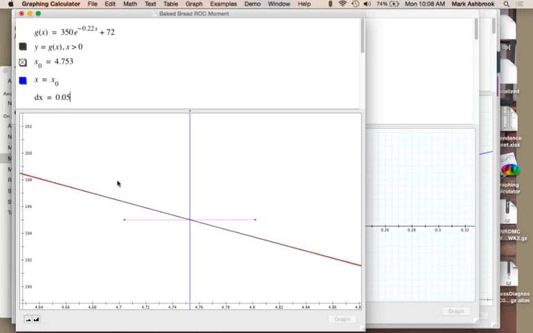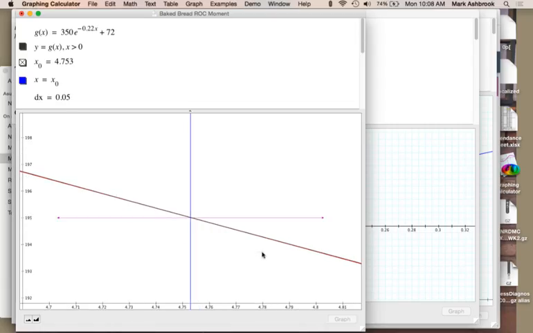Zoom in on that. Okay. So here we've got our dx of 0.05. And so what's our moment? Our moment is kind of the whole width of the screen I'm showing here.